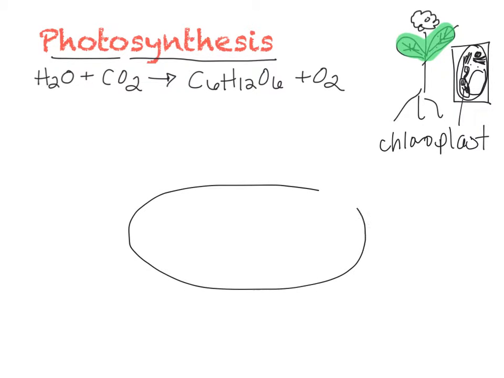Let's go ahead and draw a diagram of photosynthesis. So here's my chloroplast, and chloroplasts have a couple different parts. They have these stacks of discs called thylakoids. These thylakoids are green. That's where all the chlorophyll is located. And then they have this clear jelly stuff called the stroma.